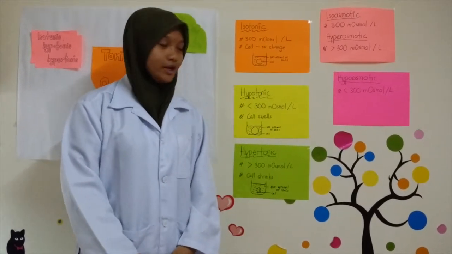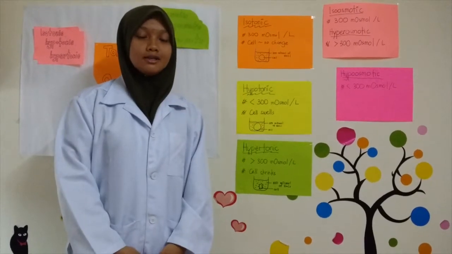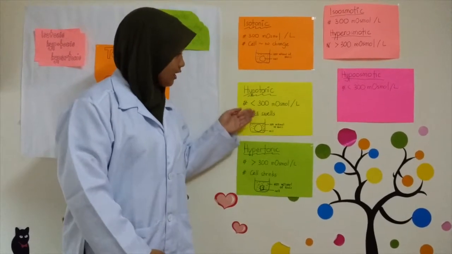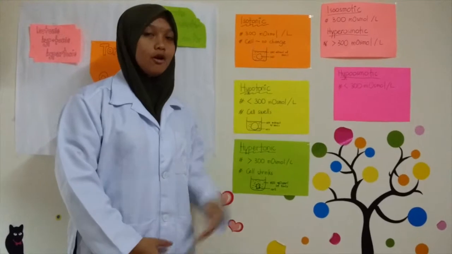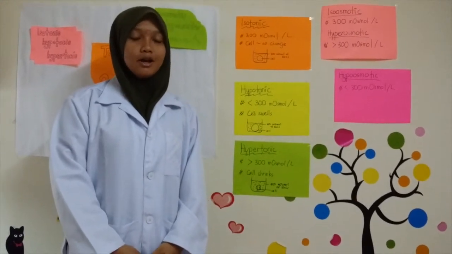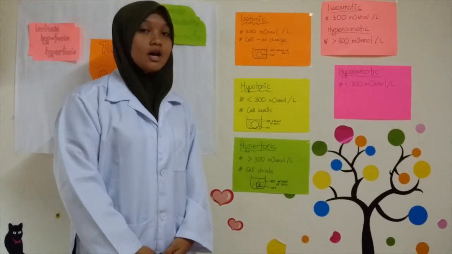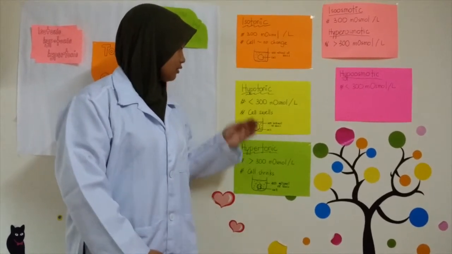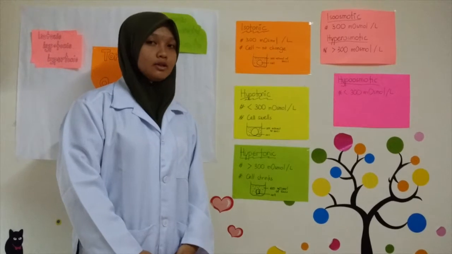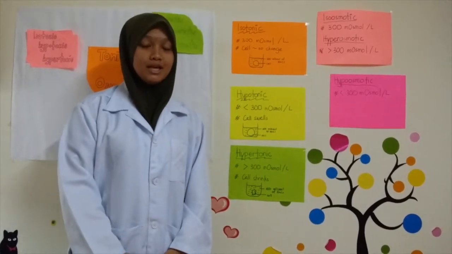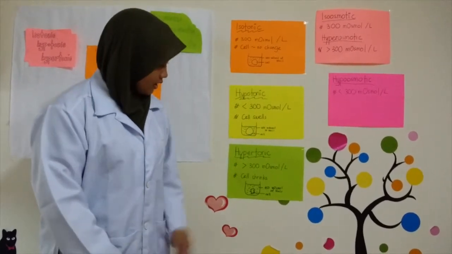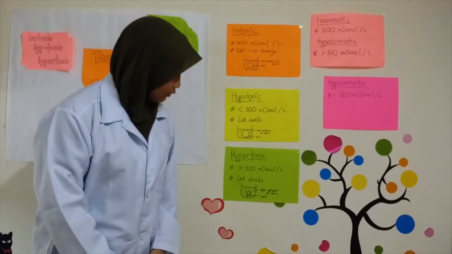Next is hypotonic. Hypotonic can be defined as a solution containing less than 300 milliosmoles per liter of non-penetrating solutes, regardless of the membrane-penetrating solutes that may be present. If a cell is put in a hypotonic solution, the cell will swell and undergo hemolysis. Then lastly, for tonicity, is hypertonic.